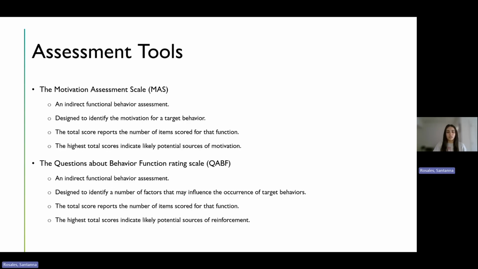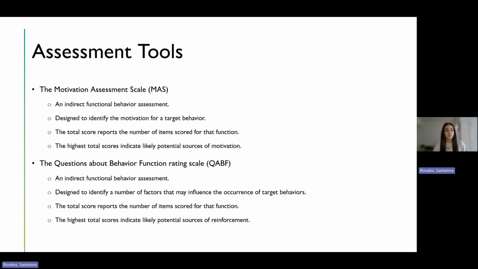I also used indirect assessments such as the Motivation Assessment Scale and the Questions About Behavior Function rating scale to help me determine the function of her behavior. The MAS is an indirect functional behavior assessment designed to identify the motivation for target behavior.